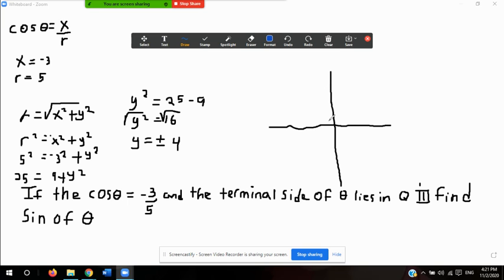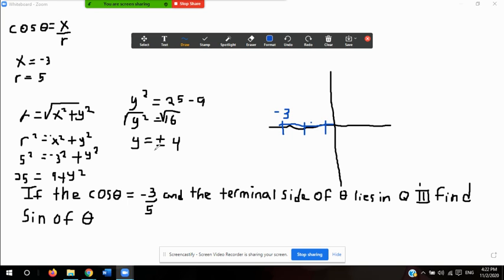So basically, I'm going to move 3 spaces in x because we know that x is negative 3. So 1, 2, and 3. And this is where we start right here. And this is negative 3. And we found our y.